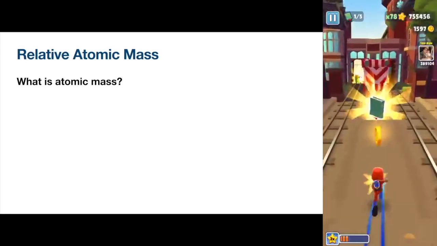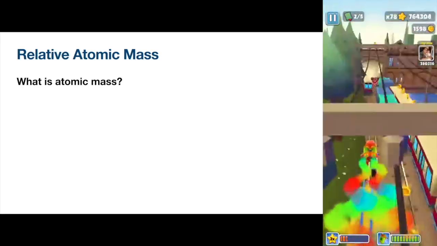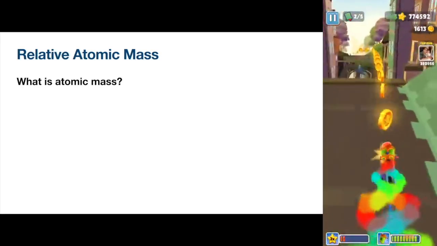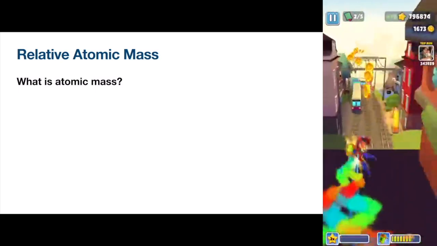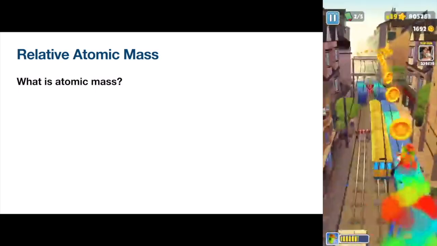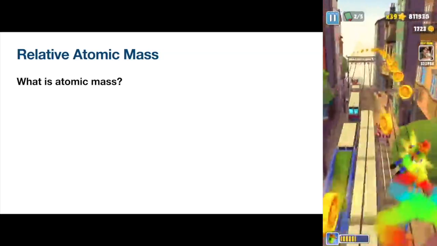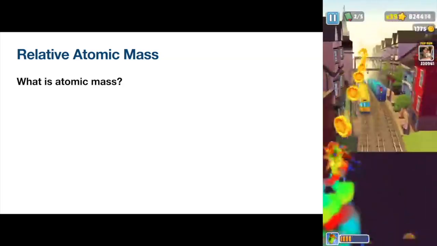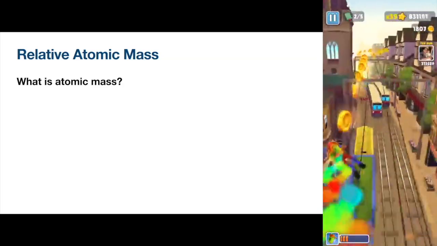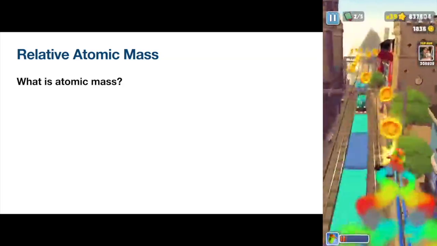Now let's move forward to atomic mass. We know that most elements exist as more than one isotope. Isotopes are atoms of the same element that have different masses because they contain different numbers of neutrons. Because of this, the atoms of an element do not all have the same mass.